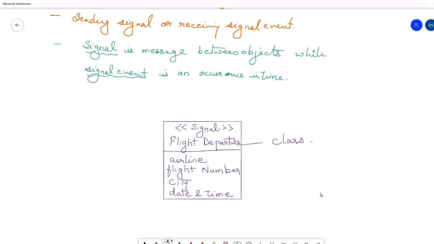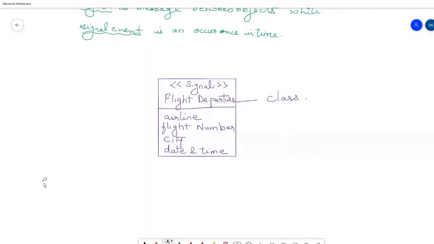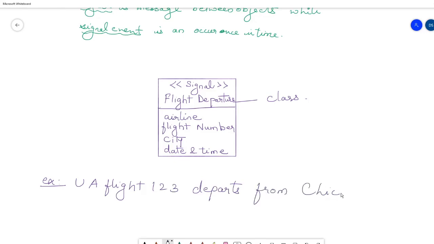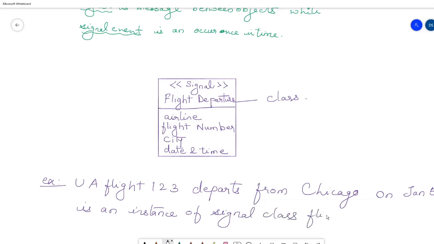If I take an example, a flight named UA flight 123 that departs from Chicago on January 5th, 2021, is an instance of signal class flight departure.